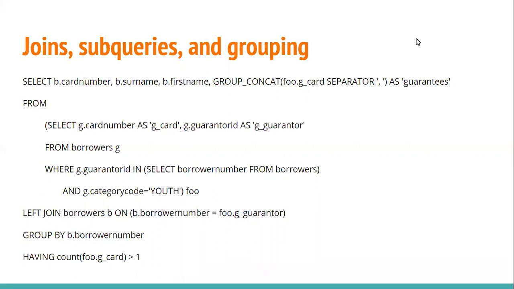And then from there, we joined the borrowers table again. And this is another important one, GROUP BY. In order to get all of those guarantees together, we want to group by your guarantor borrower number, where the guarantor has more than one guarantee.